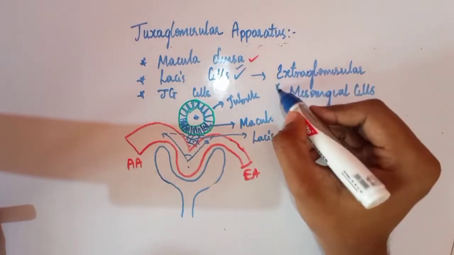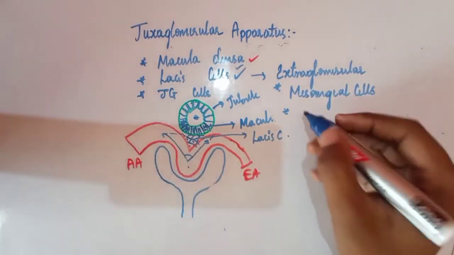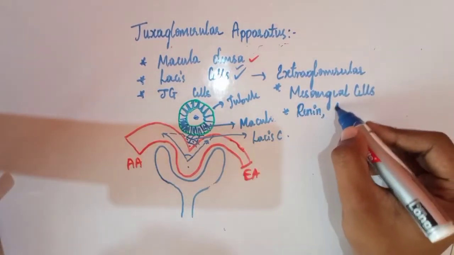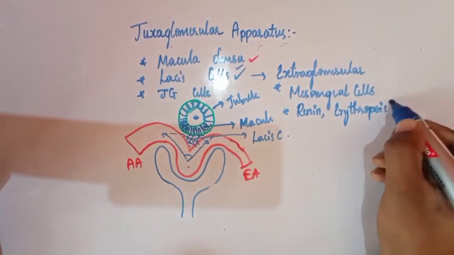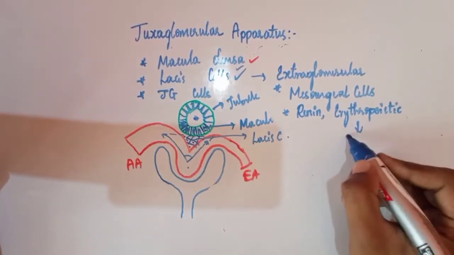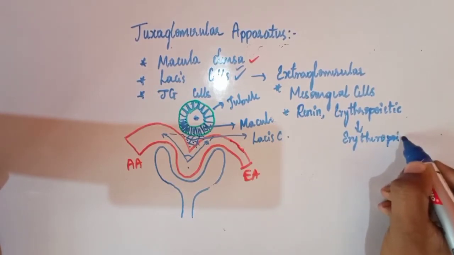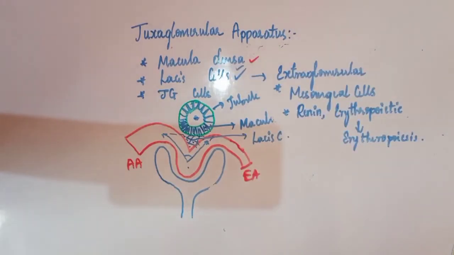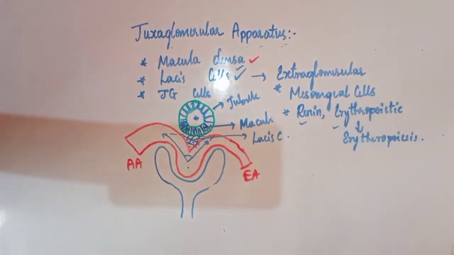Now, the function of Lacis cells: they secrete renin and to some extent erythropoietin, which helps in erythropoiesis. Simple. Now the function of macula densa is to act as a sensor, which senses ionic composition and tubular flow rate. The function of Lacis cells is to produce renin and erythropoietin.